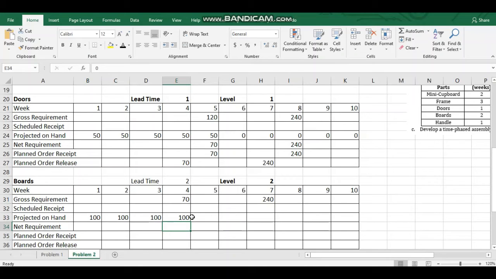Yet we still have inventory as much as 30, right? It will be carried until week 7. And our gross requirement in week 7 is 240 while our inventory is only 30, so we have a net requirement here as much as 210 units, right?